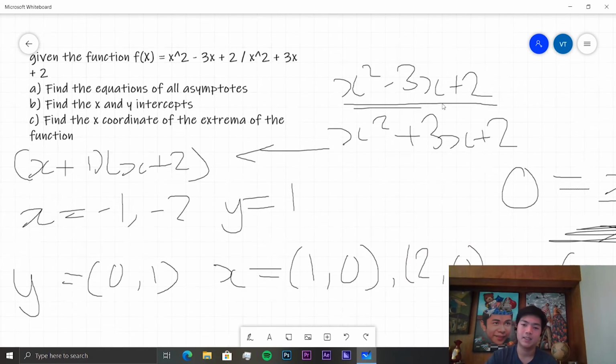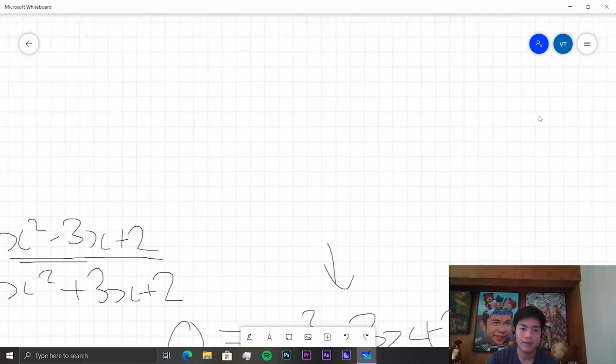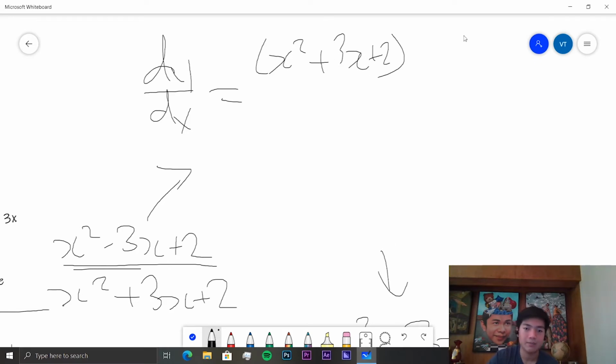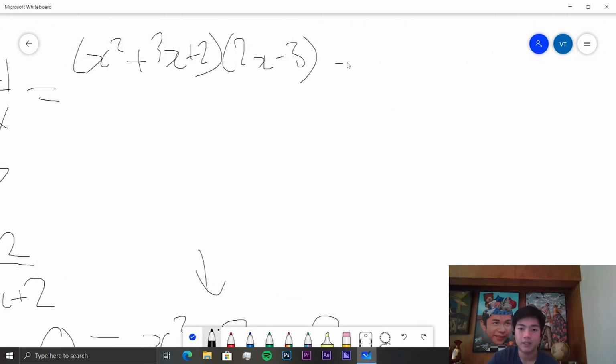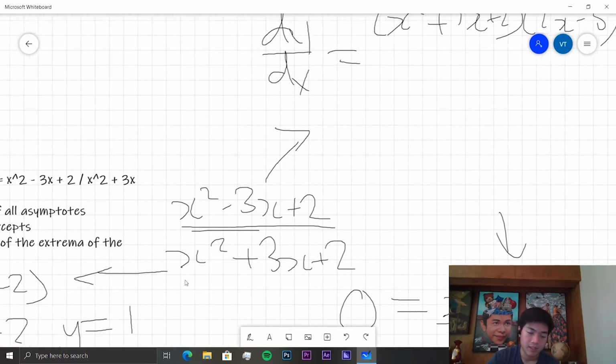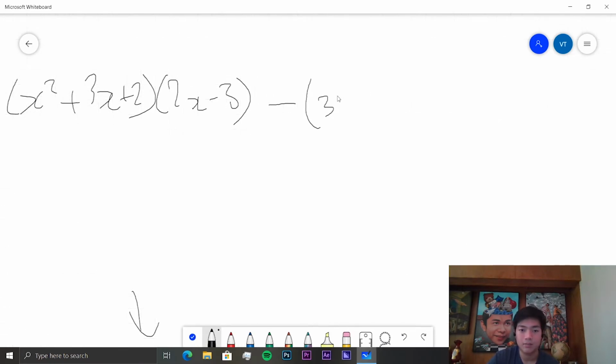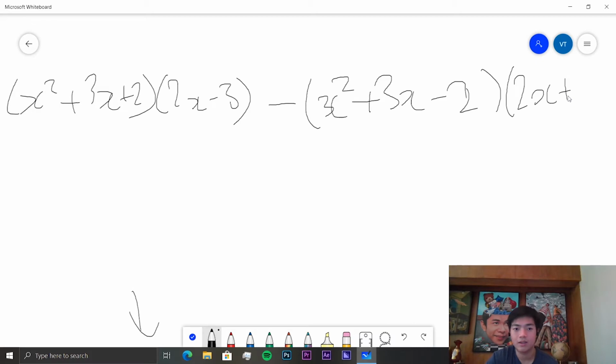So let's differentiate this. Let's use the quotient rule this time. So we have dy over dx is equal to v times d over dx of u, so x squared plus 3x plus 2 times 2x minus 3, minus u times dv, so this is minus x squared minus 3x plus 2 times 2x plus 3.